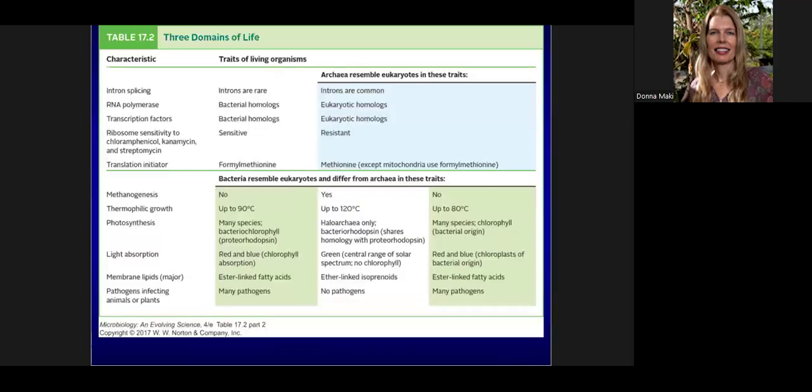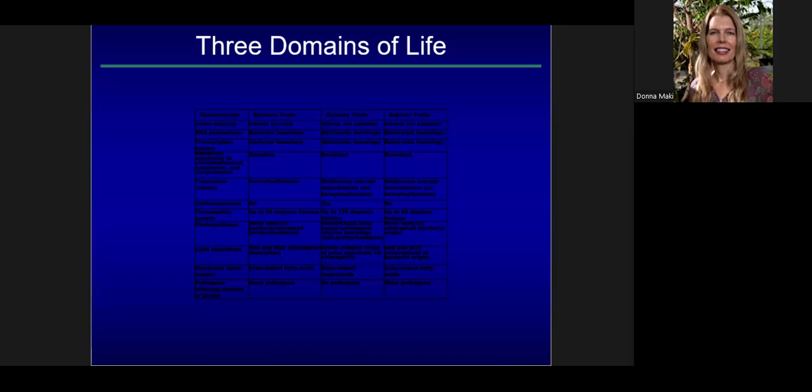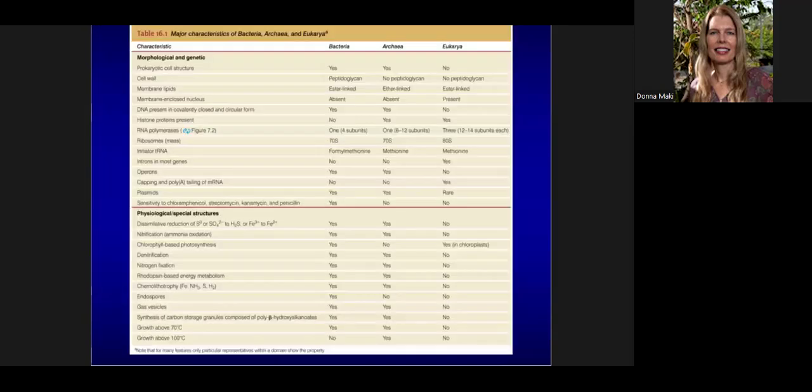And this is another one from your book, and this is good too. But for ease of what I'm asking you to look at, I tend to use this table. So as you're studying for the exam content, I would like you to know the comparison of the three domains off of this table is probably easiest.